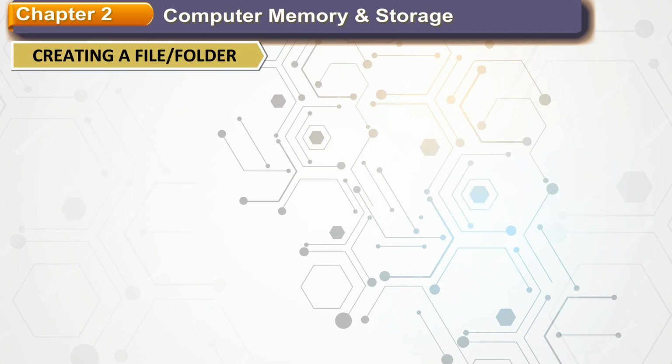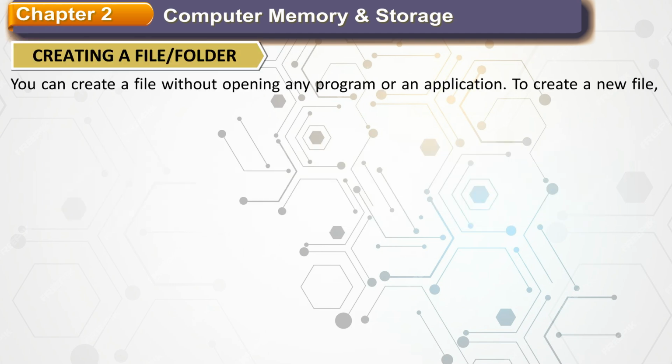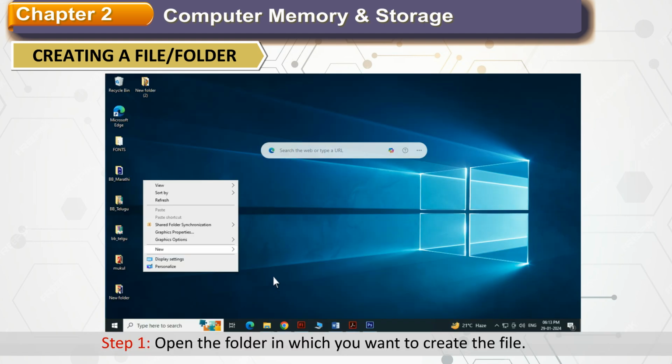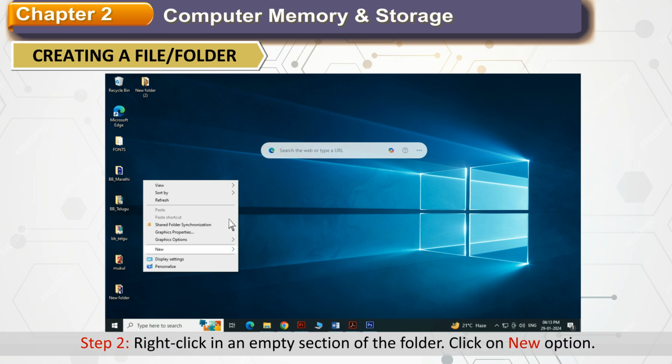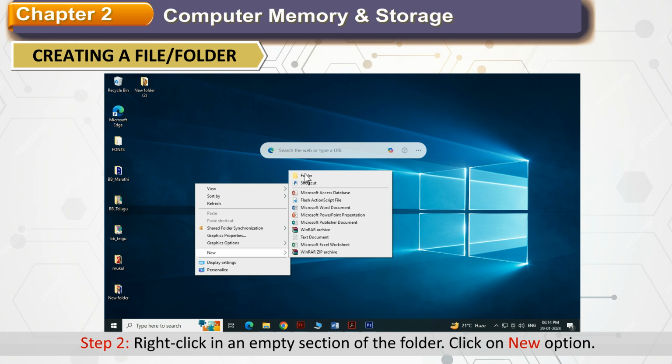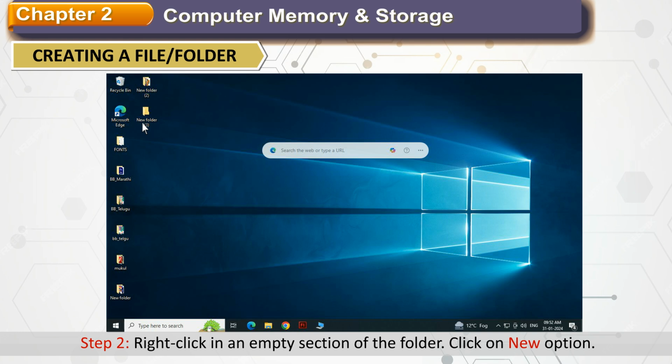Creating a file or folder. You can create a file without opening any program or an application. To create a new file, follow these steps. Step 1. Open the folder in which you want to create the file. Step 2. Right-click in an empty section of the folder. Click on New option.